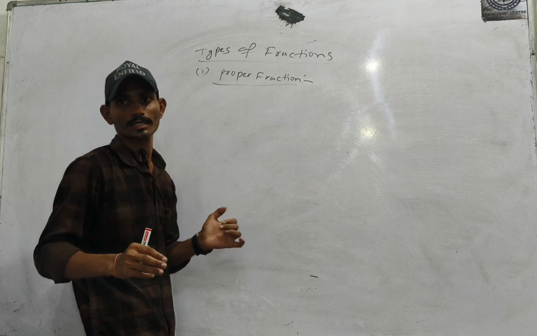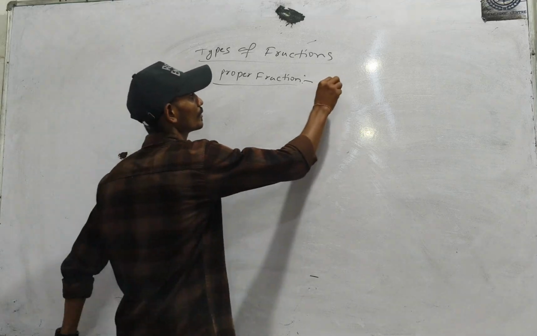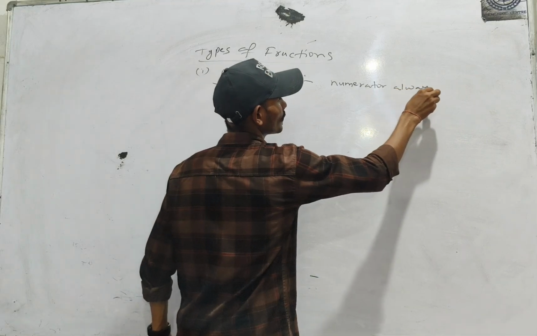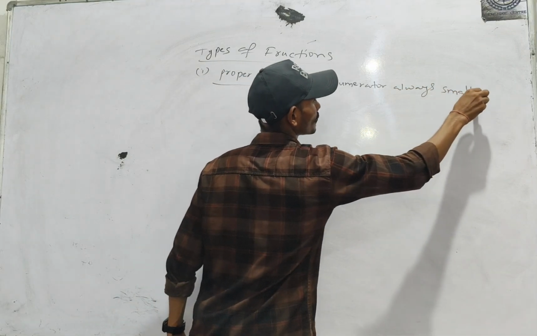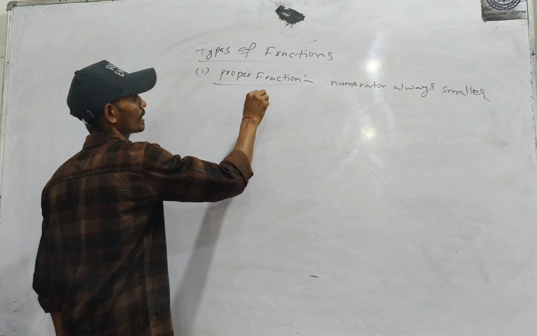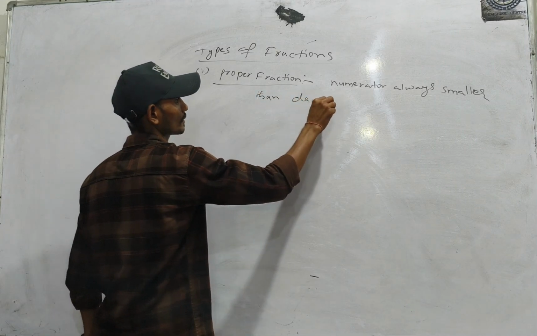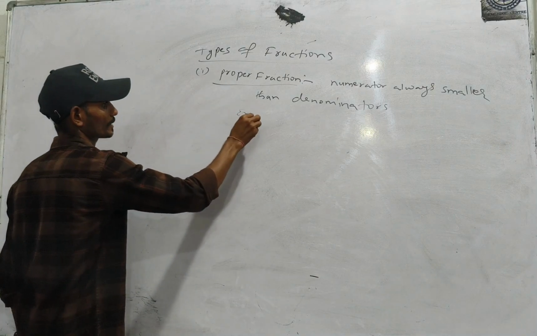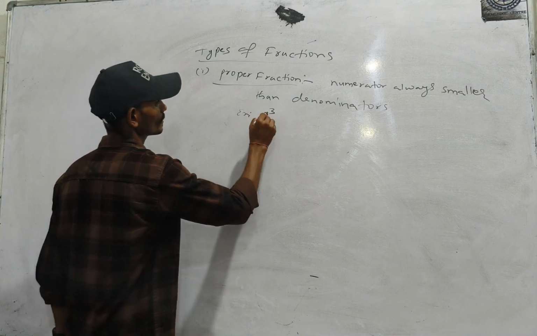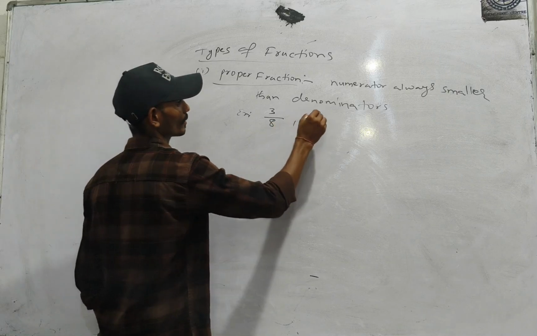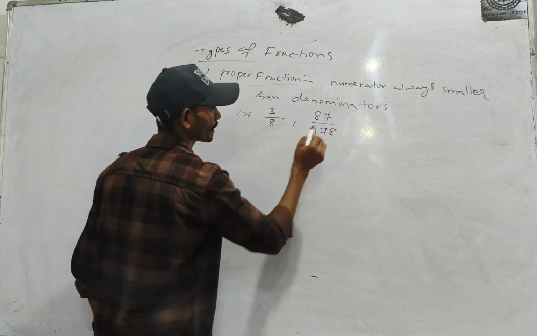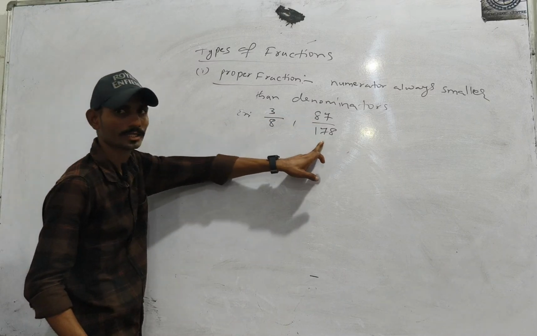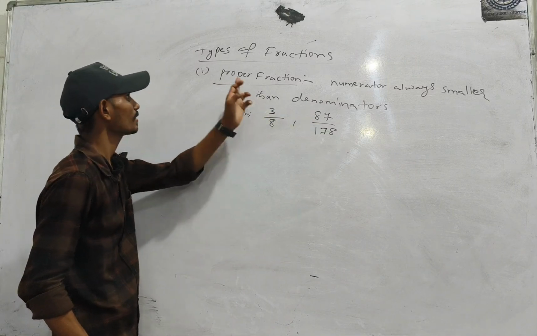That's why the numerator is always smaller than the denominator. Examples: 3 by 8 or 87 by 180. The numerator is always smaller than the denominator.